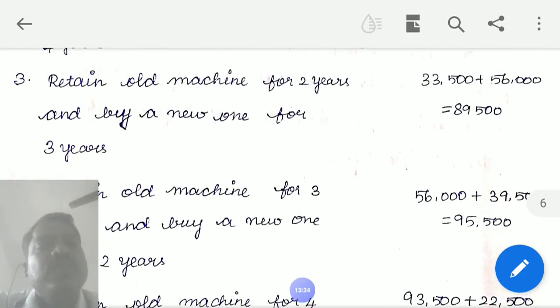Therefore, retain old machine for 2 years and buy a new one for 3 years. This policy is the optimal policy.